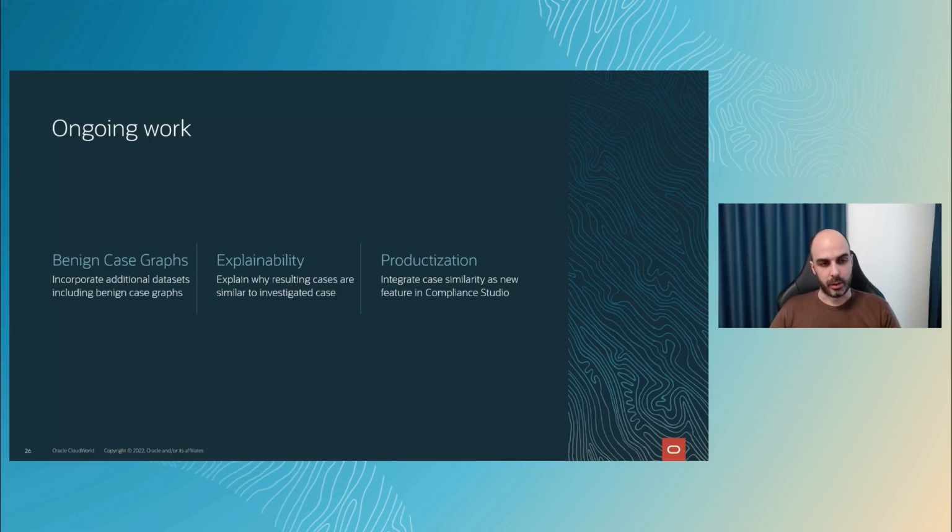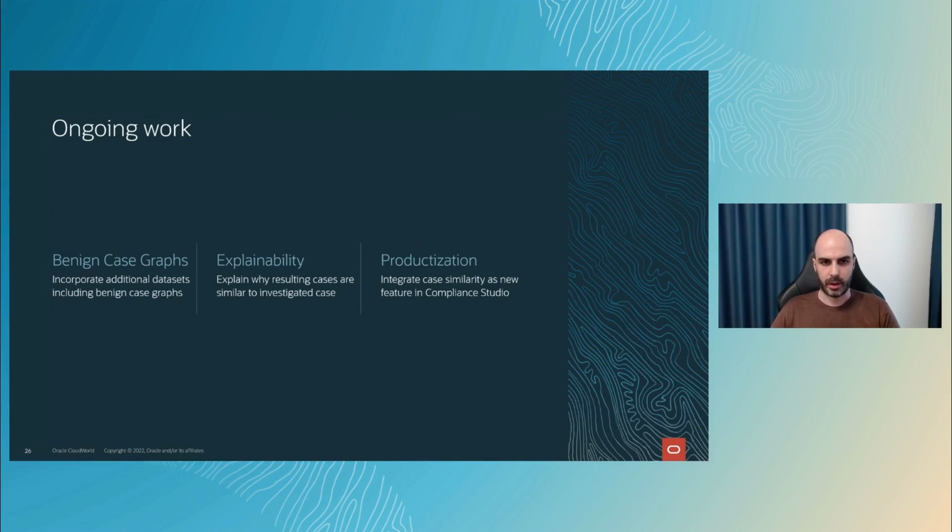Then we want to have a certain level of explainability. We want to be able to answer the question, why is one particular case graph shown by the system similar to the graph that we are actually investigating? Can we use some kind of explainability on the machine learning level, or can we show some statistics and user interface components that would help the investigator understand why those cases are deemed similar?